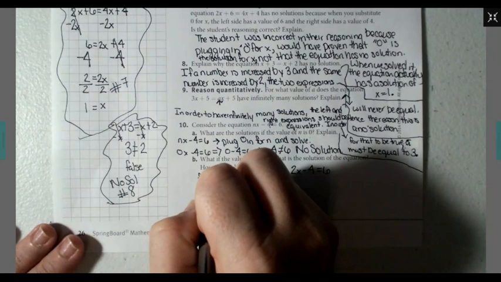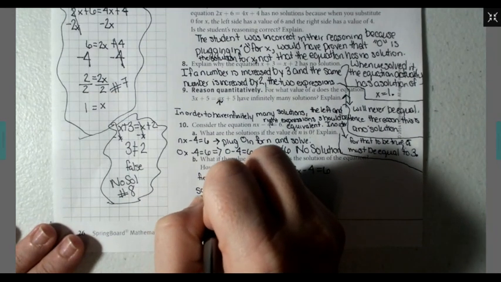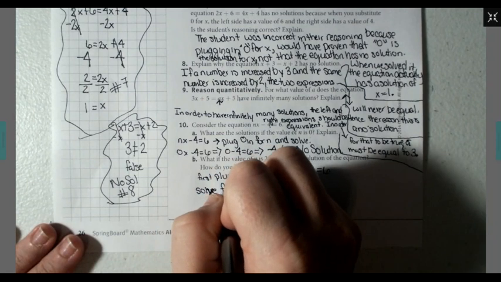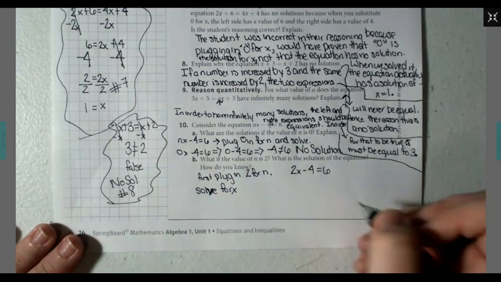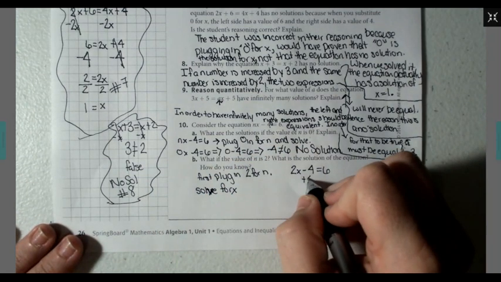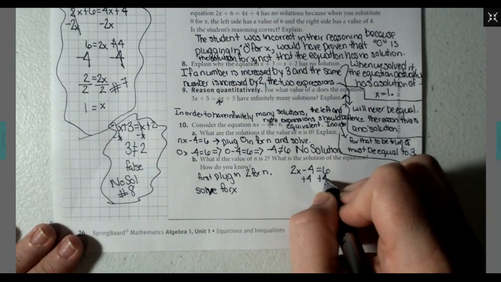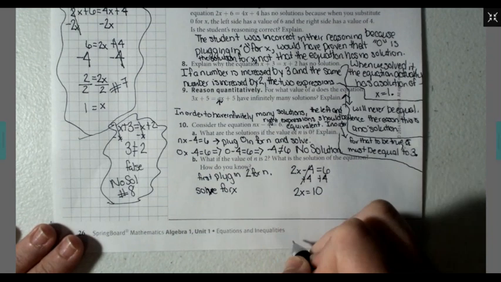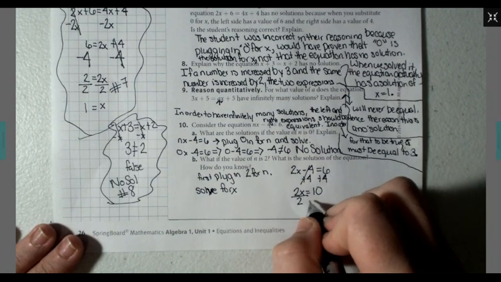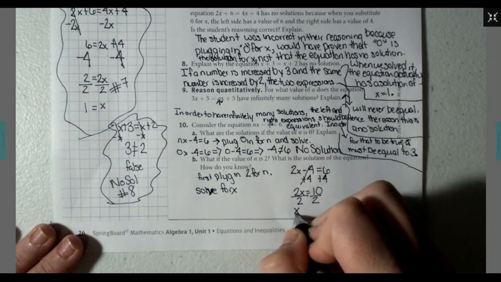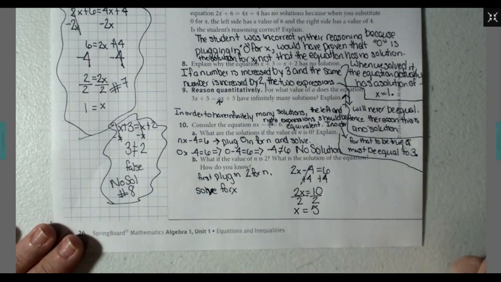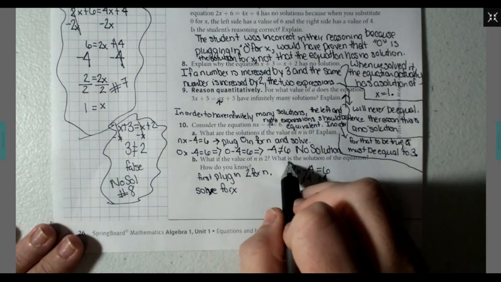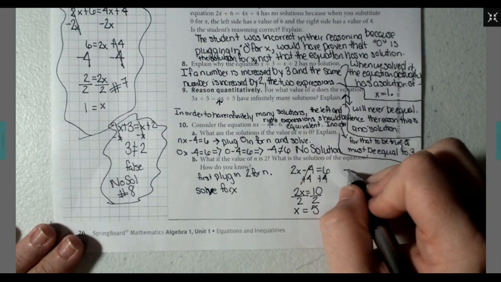Now solve for x. We're going to add 4. We have 2x equals 10. We're going to do the division property. x equals 5. So what would be the solution?